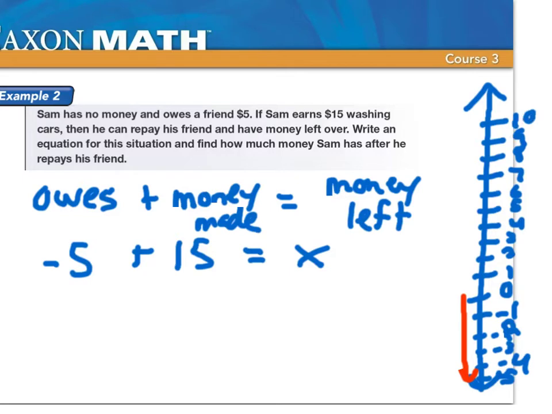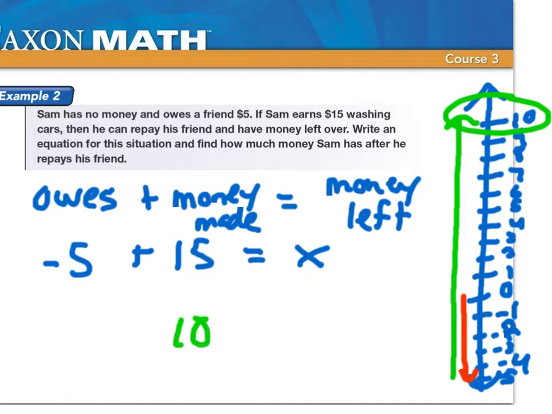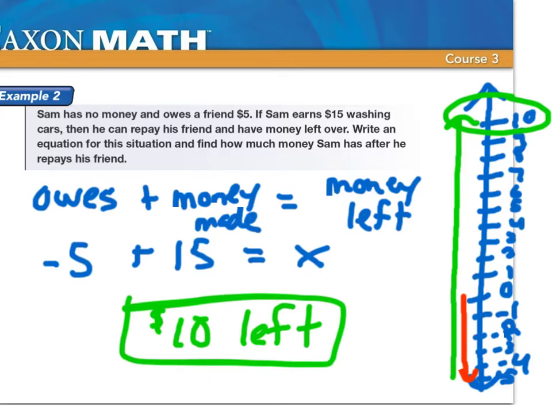And now we know he's going to earn $15. Okay? So he's going to go up 1, 2, 3, 4, 5, 6, 7, 8, 9, 10, 11, 12, 13, 14, 15. That's going to end him right here at +10. So that means he's going to have $10 left over. He's rich. Okay? $10 left after he repays his friend.